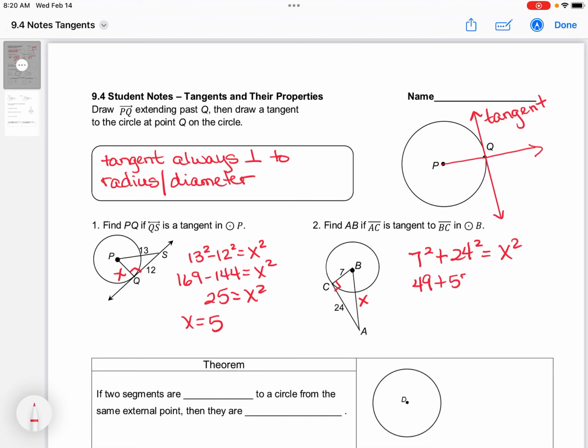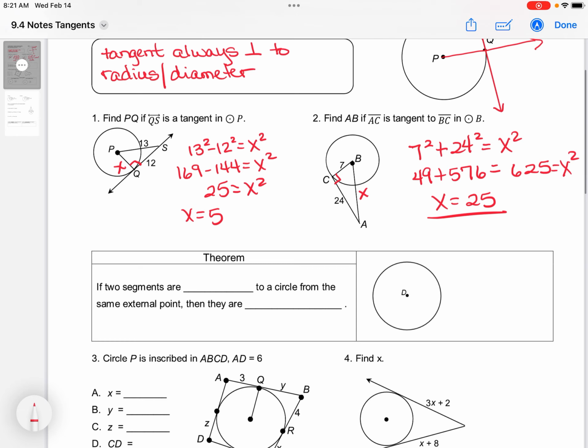So I have 49 plus 576 equals 625. Oh, whoops, that's x squared. So that means x equals 25, because I know 25 times 25 is 625. Okay.